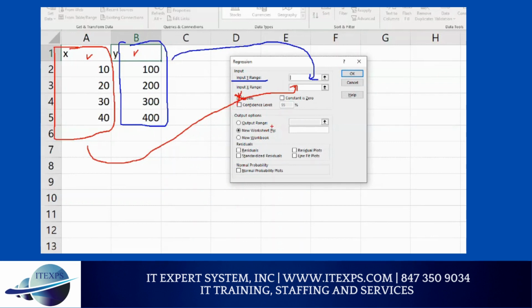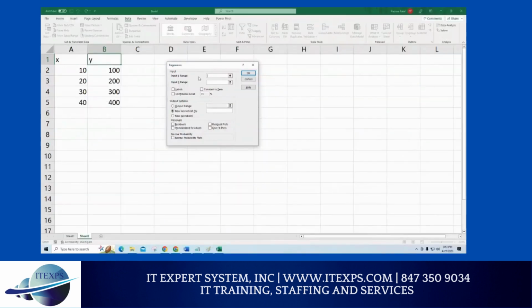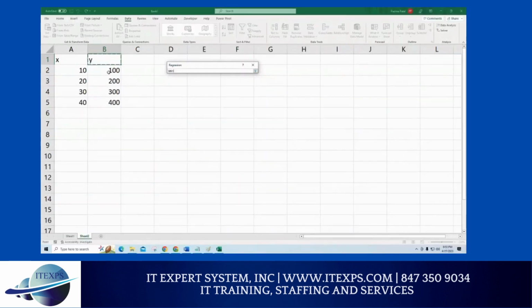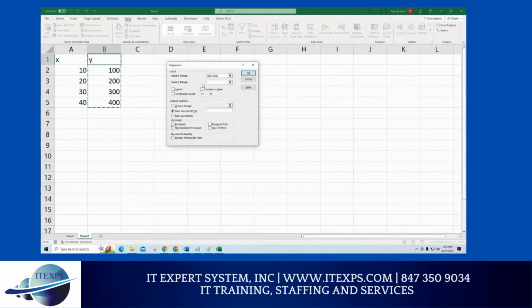We are going to create a new worksheet, and we'll see how it works. Also check line fit plot, so you will see how it works. So for the Y range, I click here and highlight that. That's the Y range.